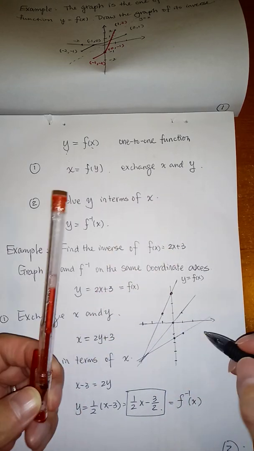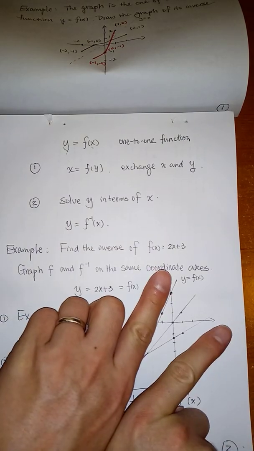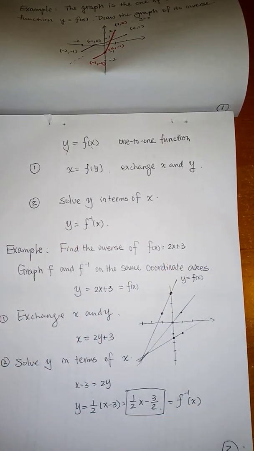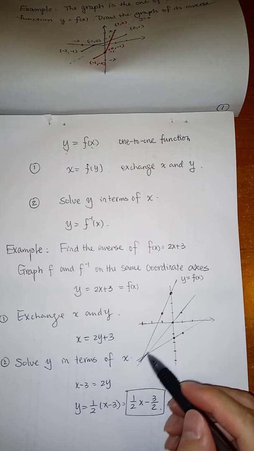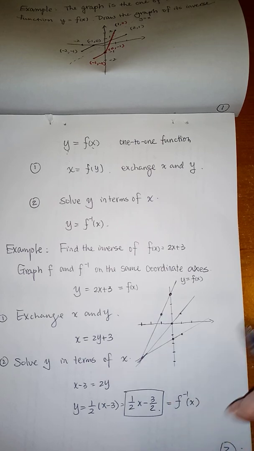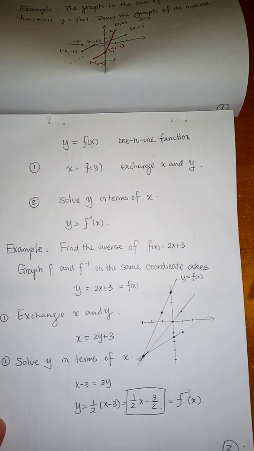If I don't use a pencil, I can get a better graph. You will see that these two graphs are symmetric about the line y equal to x, and the intersection point should be on this y equal to x line. We almost get to the intersection, a little bit of error. Okay, so that's the first example.